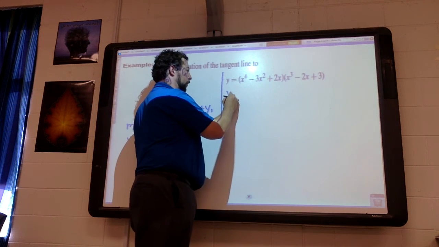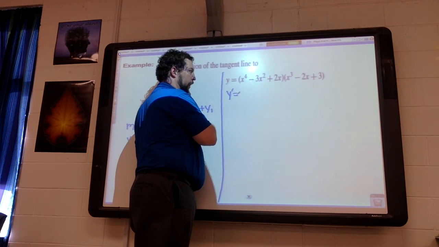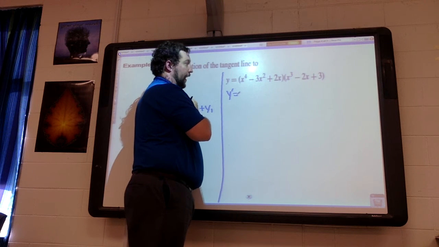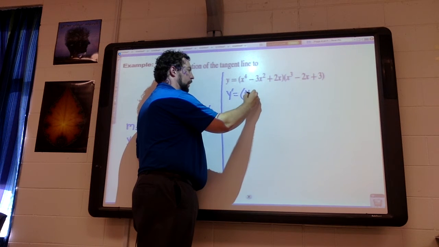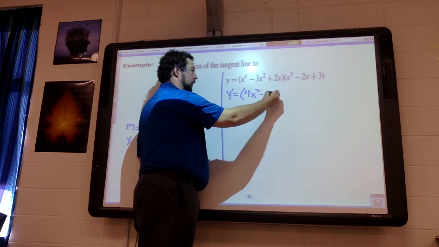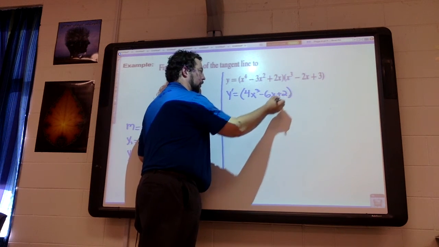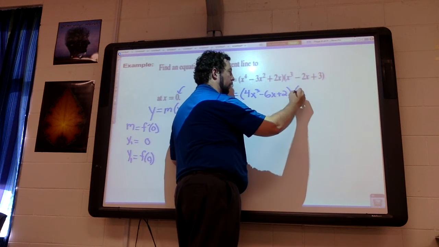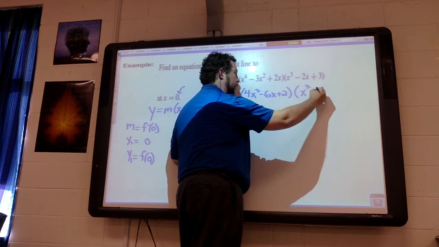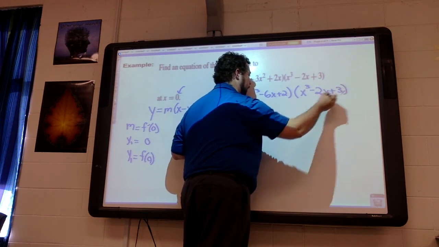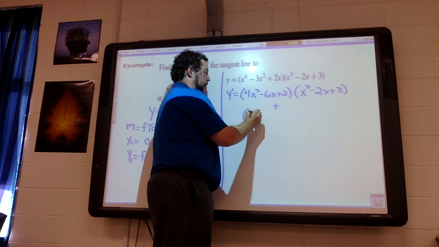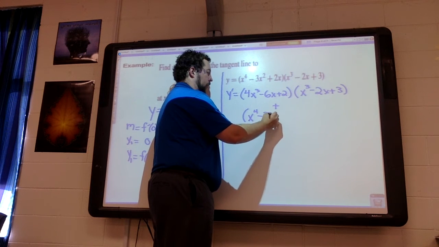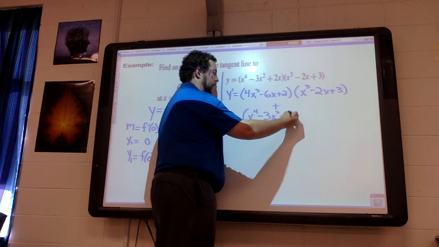All right, so the derivative, using the product rule again, just kind of as a rehashing of it. You take the derivative of the first part, which would give you 4x cubed minus 6x plus 2. You leave the second part alone, x cubed minus 2x plus 3. Plus, leave the first part alone, x to the fourth minus 3x squared plus 2x.